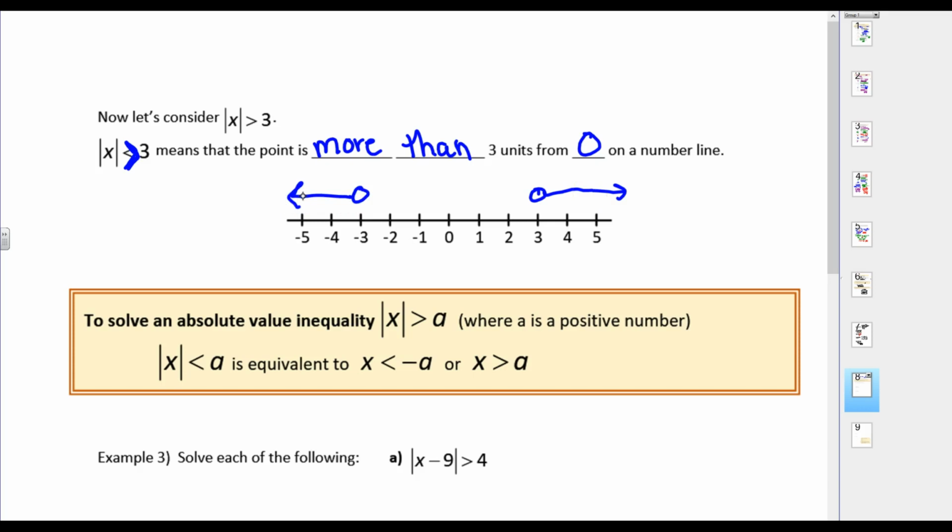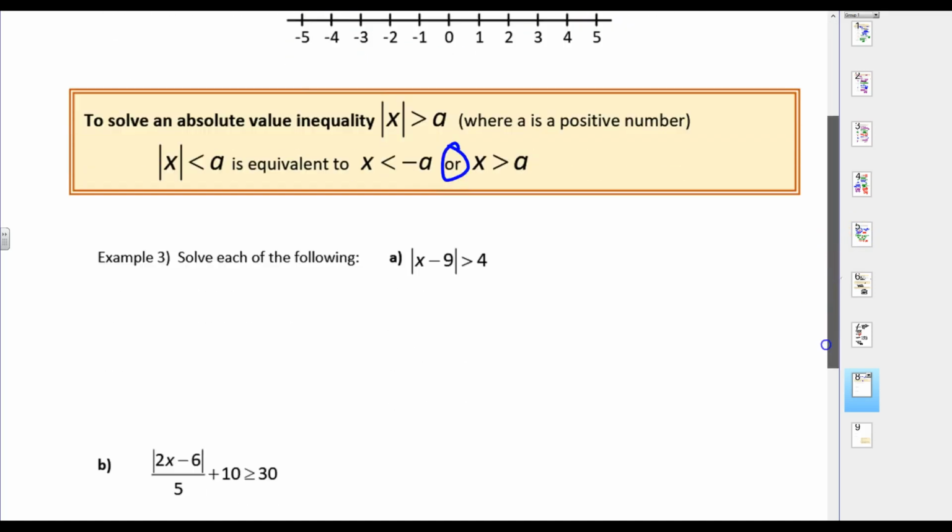So when I have an absolute value is greater than a positive number, we can split this up into an OR inequality with 2 pieces, where x is less than -a and greater than a. So let's take a look at this.